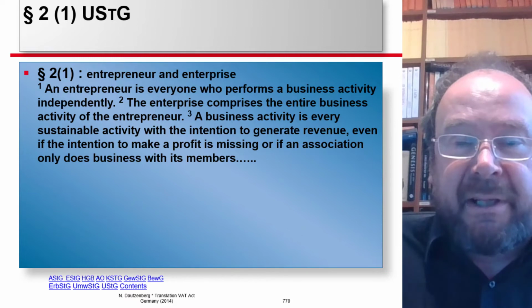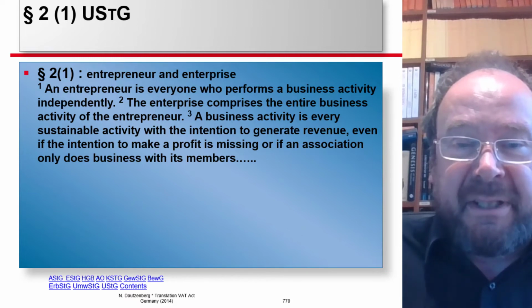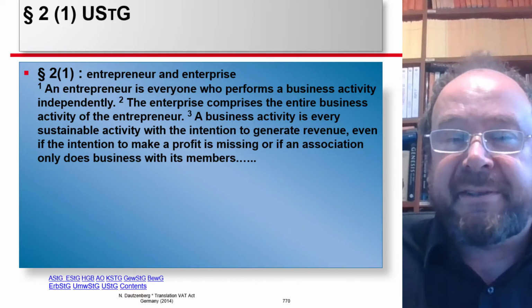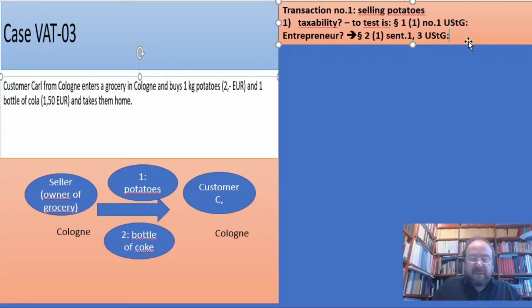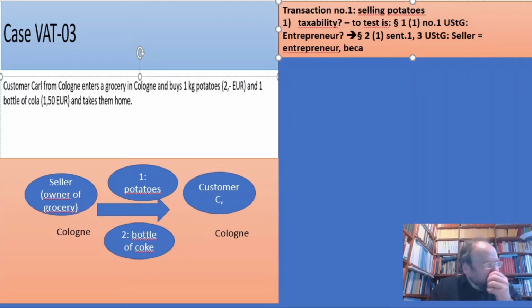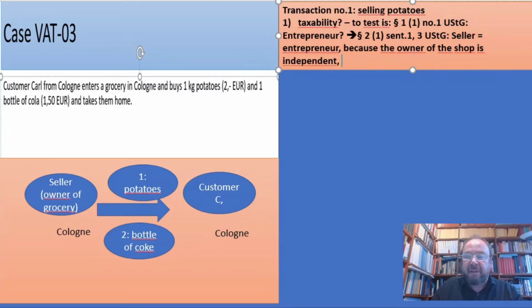So let's apply these small sentences to our case and find the consequences here. What we find out is the seller is an entrepreneur because the owner of the shop is independent, so not employed, aims at revenue, and acts on a constant or sustainable basis.